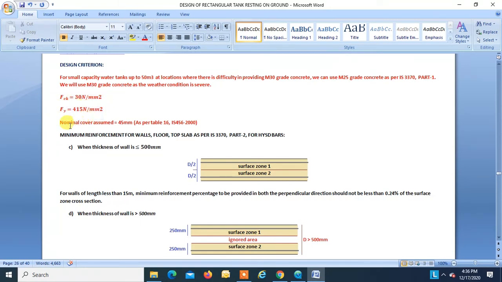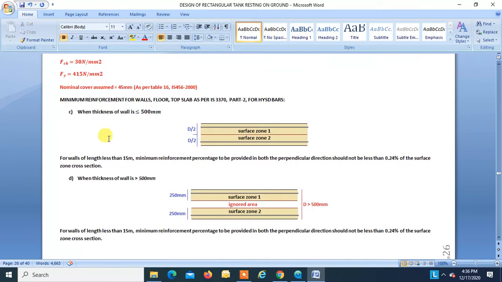Fy is 415. Nominal cover assumed is 45 mm as per Table 16 of IS 456 2000. Minimum reinforcement for wall is as shown over here. When the thickness of the wall is less than or equal to 500 mm, this is divided into two parts, that is surface zone 1 and surface zone 2, and the area of steel to be provided over here has to be d by 2 into 1 meter into 0.24, the minimum percentage of steel.